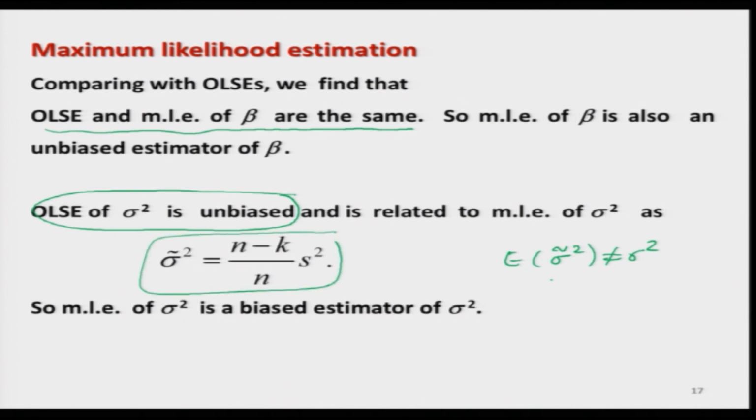Sigma square tilde is 1 over n SS res, and S square is 1 over n minus k SS res, where SS res is (y minus Xb) transpose (y minus Xb). So the MLE of sigma square is a biased estimator of sigma square.